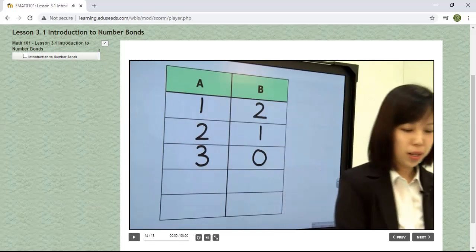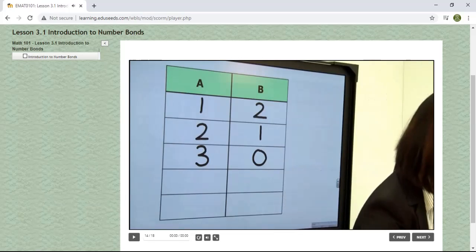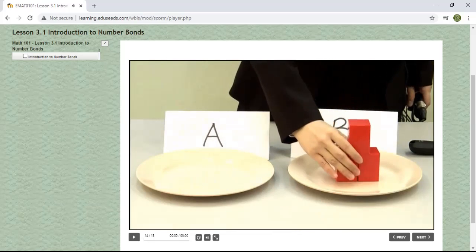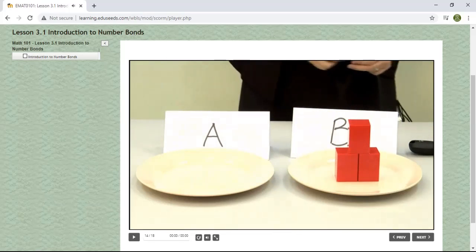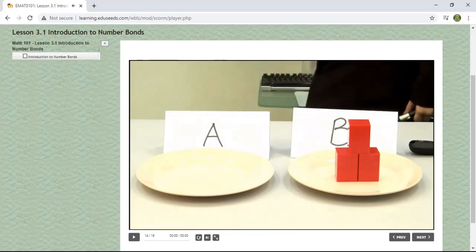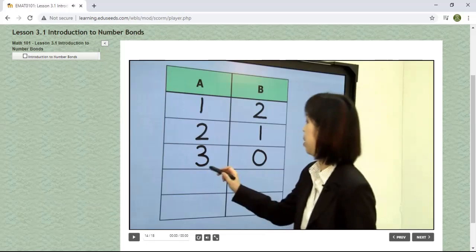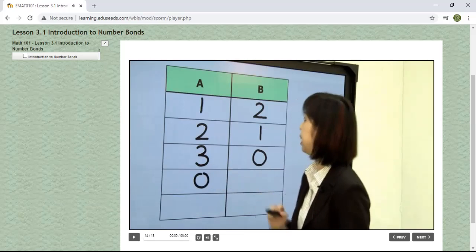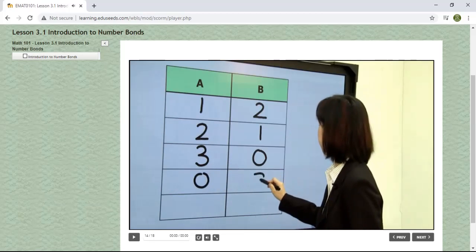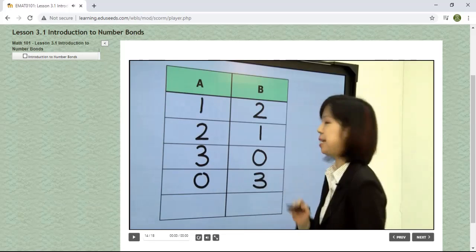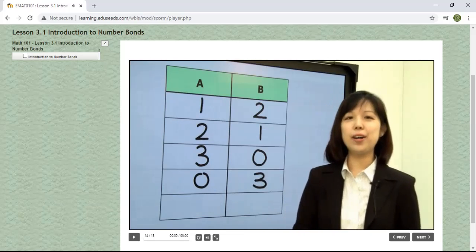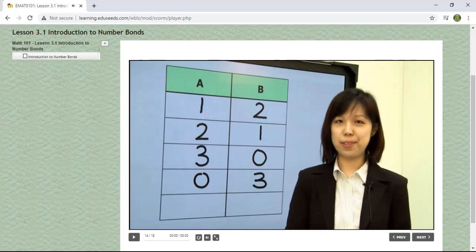If I switch all the blocks from A over to B, I will have nothing left in A and 3 in B. And this will give me the last set of 0 in A, 3 in B. Now I hope this has helped you to understand number bonds better.